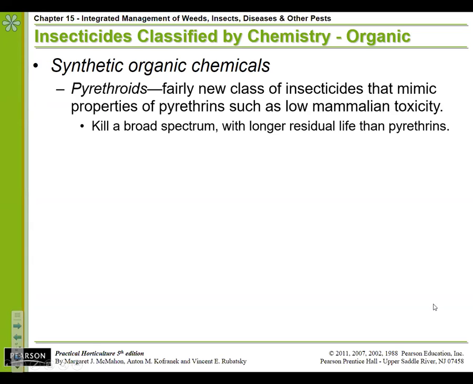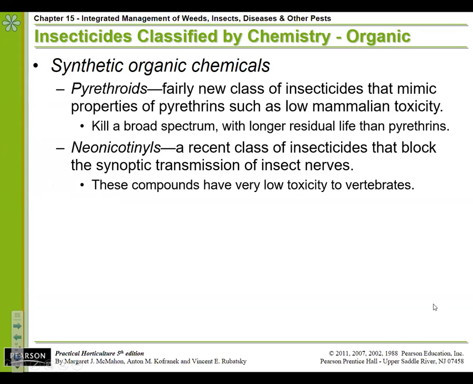The pyrethroids, basically we're looking at pyrethrum that came from the pyrethrum daisy, and so it was a biorational compound, but then we synthesized it. So it's more effective in that synthetic form, and it kills a broad spectrum of insect pests.